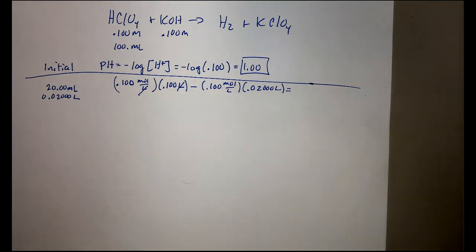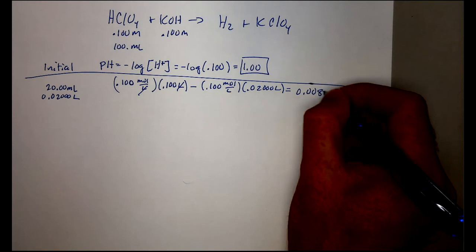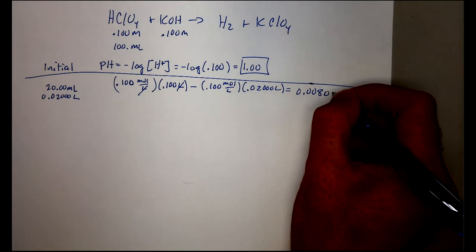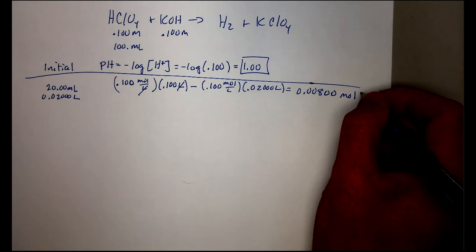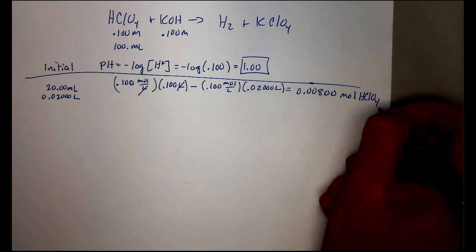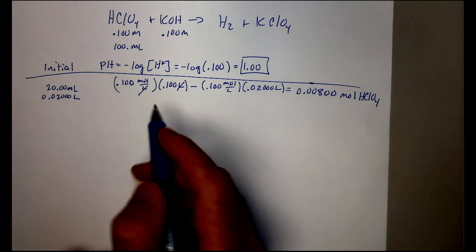So if we run that through our calculator, we've got 0.00800 moles of perchloric acid in excess because I haven't added enough base to neutralize the acid.